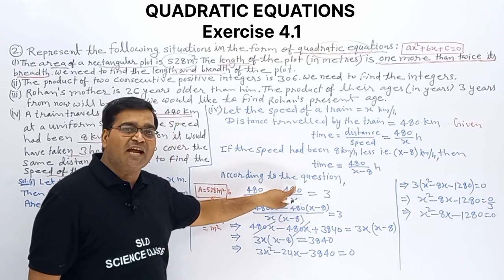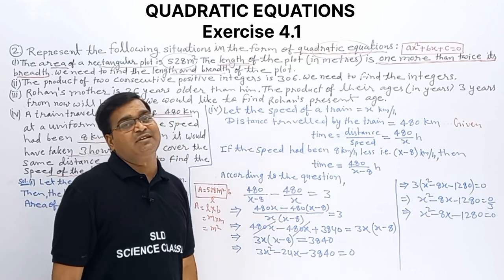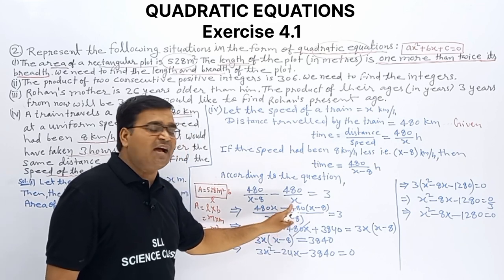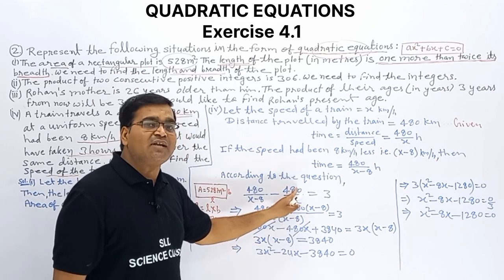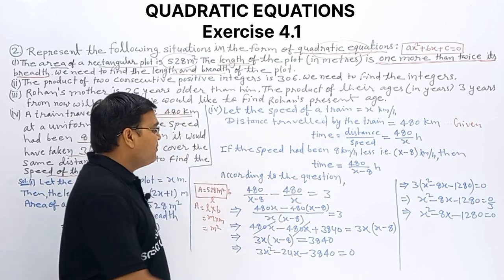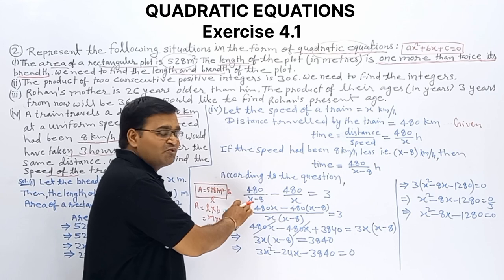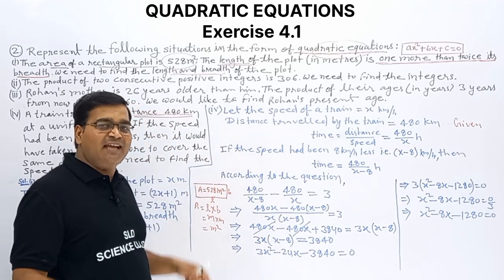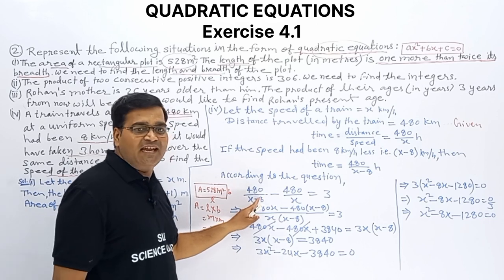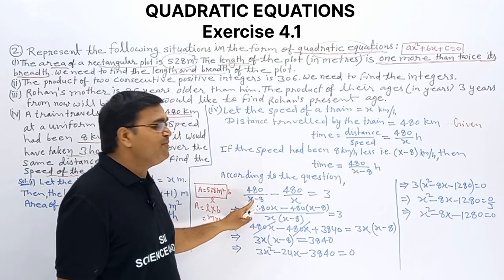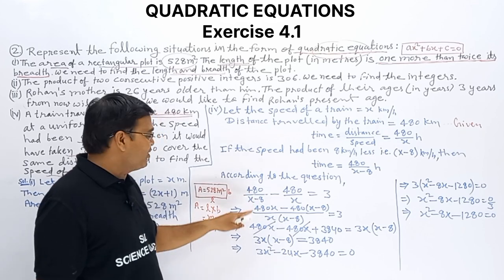It means what time? 48 hours. X is the 10 kilometer per hour speed we are having, then the time it is taking is 48 hours. But now speed is reduced by 8 kilometer per hour. 10 minus 8, 2 kilometer per hour speed. Then time will be what? Time will be more.